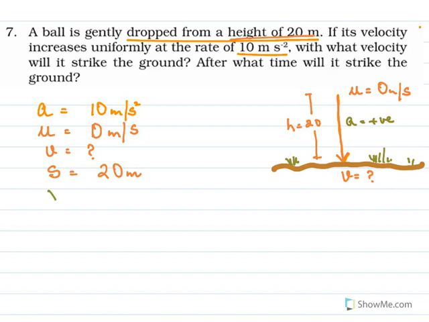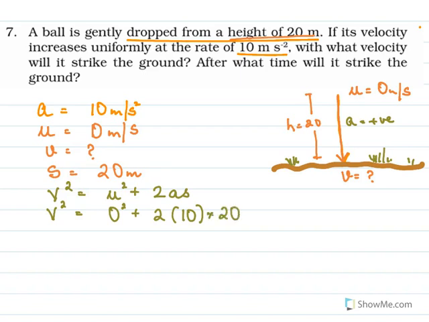To find the final velocity, we'll use a formula v square equal to u square plus 2as. We don't know what is the v square. We know the u is 0, 2, our a is 10, and remember acceleration is positive for a falling body. For a rising body going vertically upwards, acceleration is negative. Here the body is falling, the speed keeps increasing, so acceleration is positive.